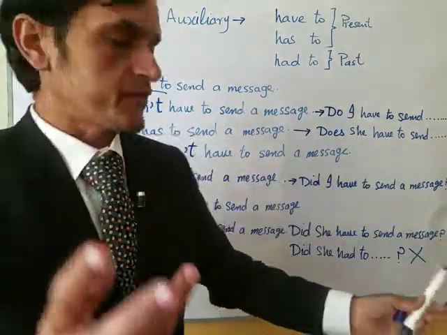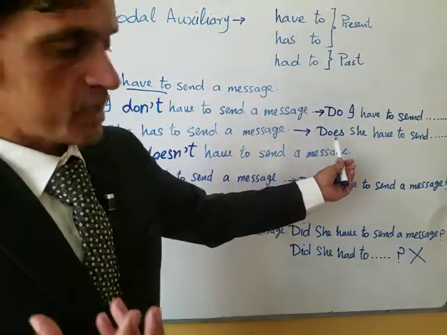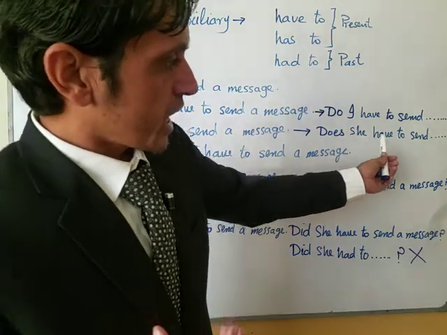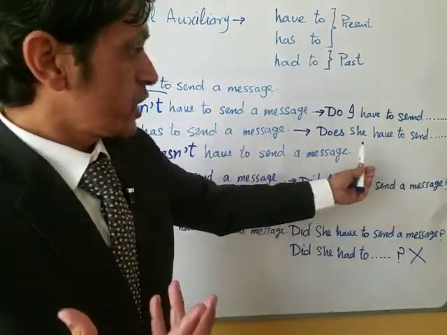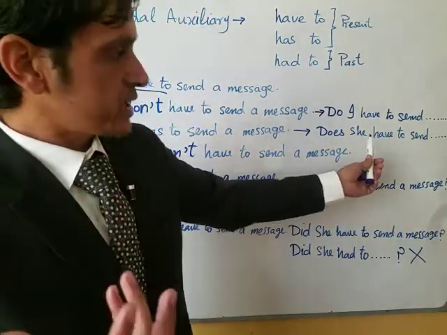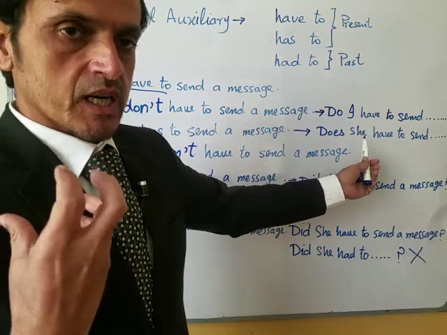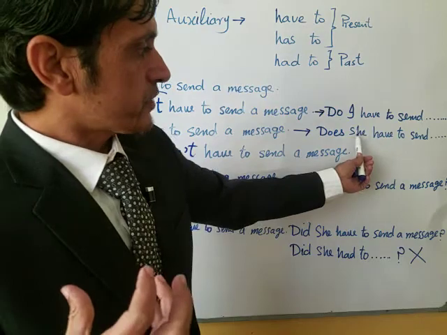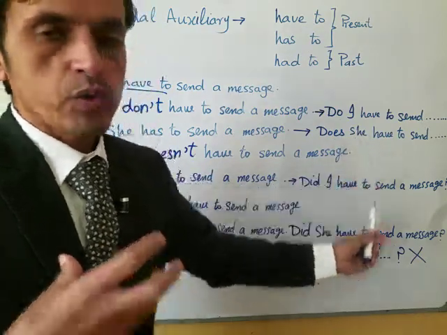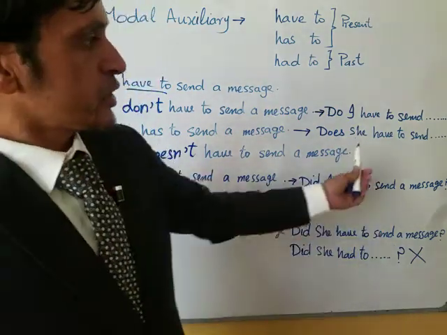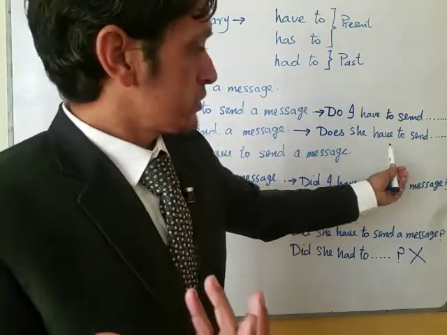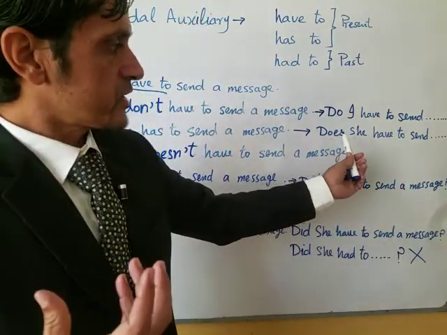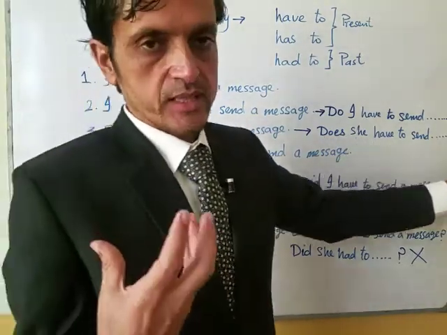We will use have to, like I have used here. Does she have to send a message? Because you have already expressed the subject-verb agreement of she with does, we do not need to use has to because already here is does. So, does she have to send a message?